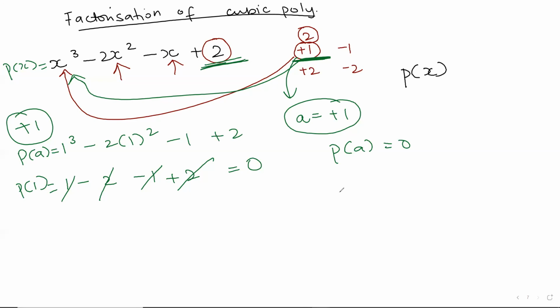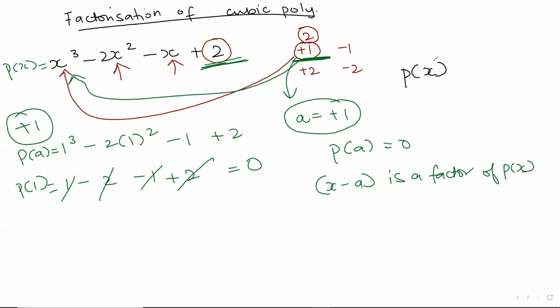You almost got it right. You're on the right track. You said p of x is a factor of x minus a, right? Actually, it's the other way around. X minus a is a factor because x minus a is the smaller thing. P of x is the bigger thing. So the smaller thing will be a factor of the bigger thing, right? So x minus a is a factor of P of x.